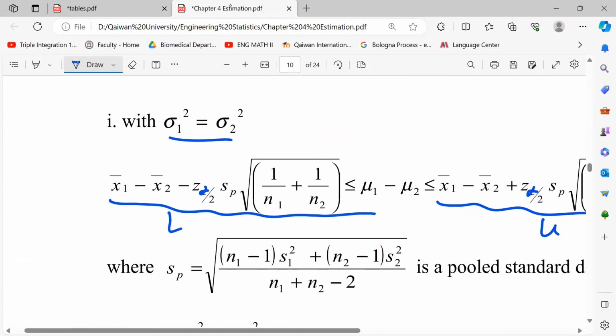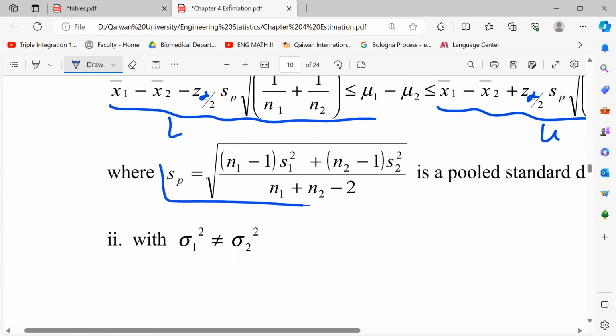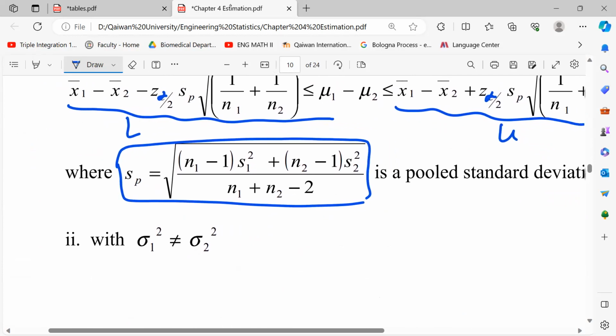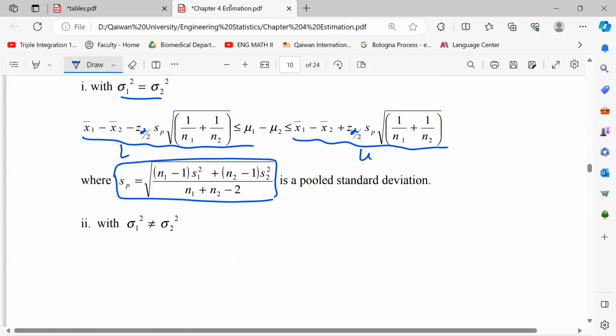Here in the exams, ASP is given. ASP is given in the list of formula, but the above rule is not. This rule is not, but ASP is given. It is x1 bar minus x2 bar minus z alpha over 2 ASP. ASP, we just need to calculate this one, multiplying by that square root.